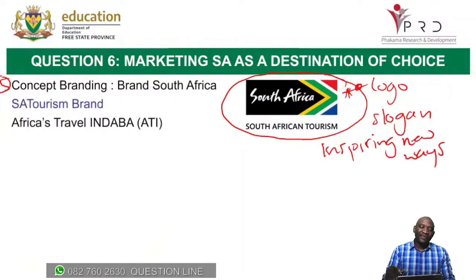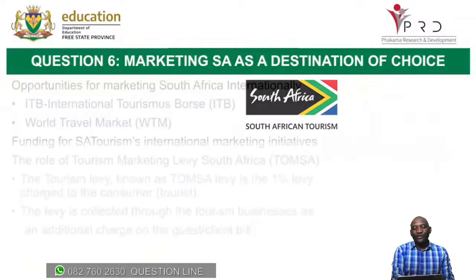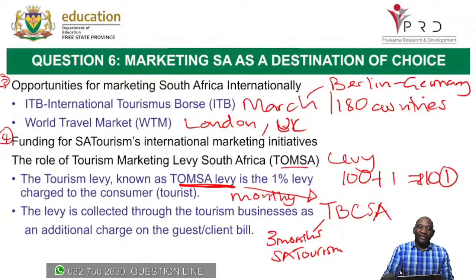That was number 5. Number 6, we're looking at platforms where South Africa markets itself domestically. So now, instead of going to WTM and ITB, the ones that you mentioned here, these ones are international exhibitions or trade shows. South Africa attends them and therefore they showcase the country there.